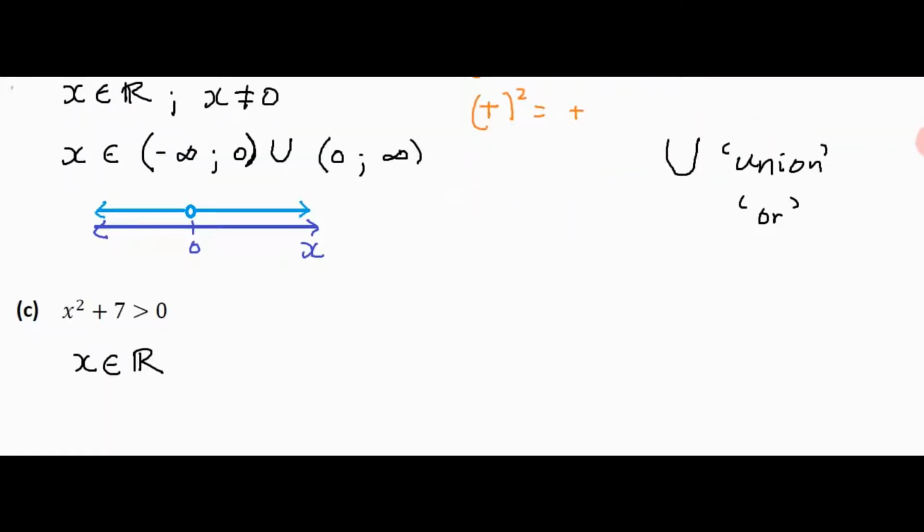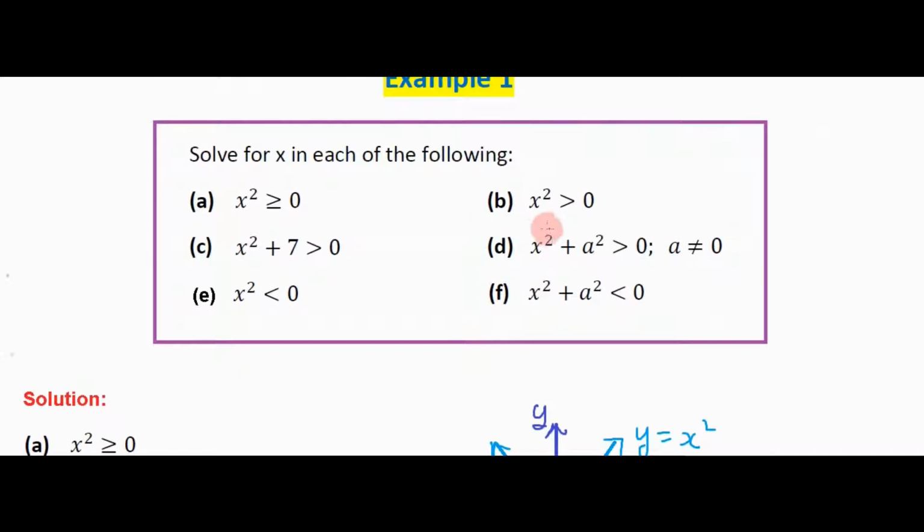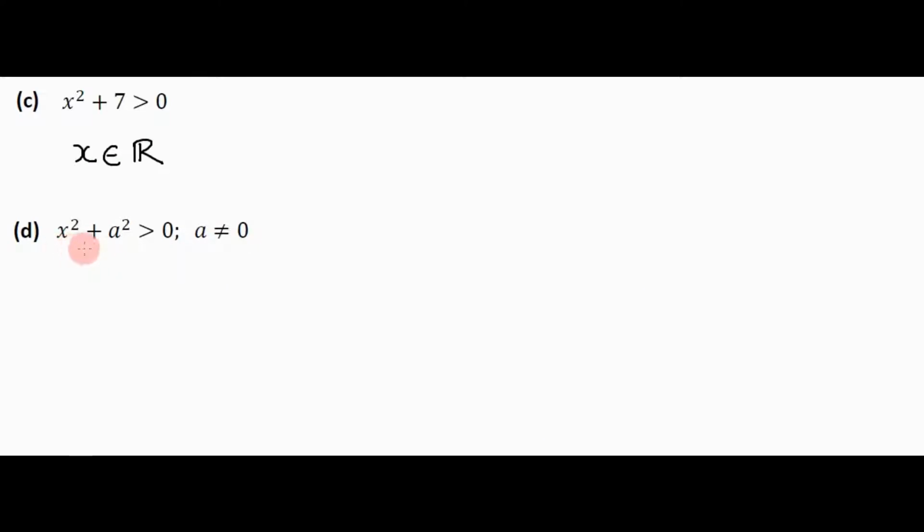Then looking at D, we have x squared plus a squared strictly greater than 0. And we are also told that a isn't equal to 0. Now, what we have on the left-hand side of this inequality is a sum of two perfect squares. Now, the sum of two perfect squares will either be positive or equal to 0.